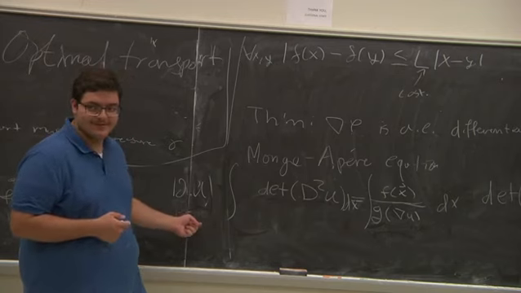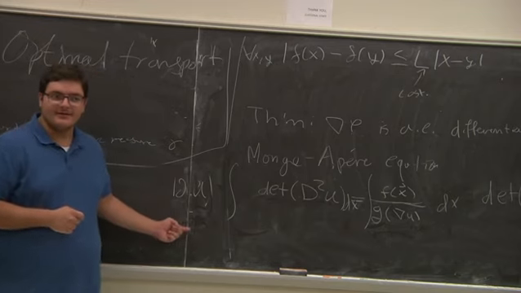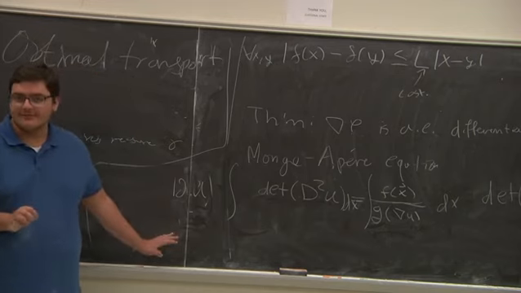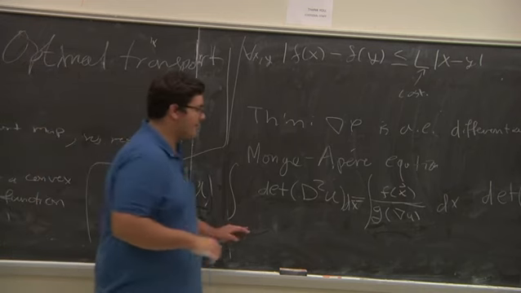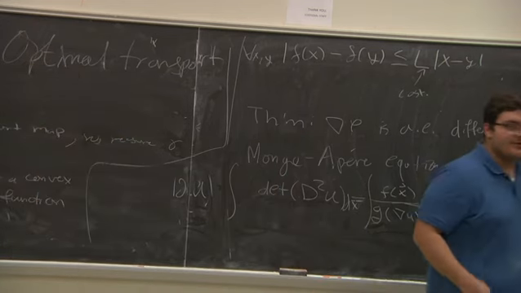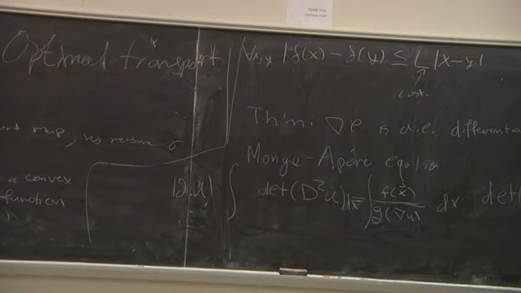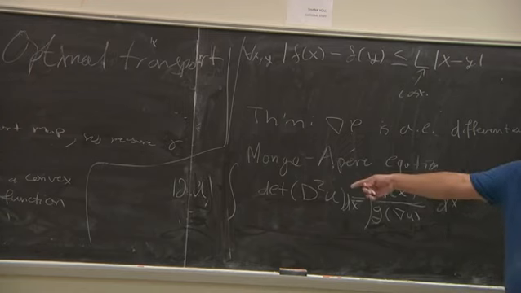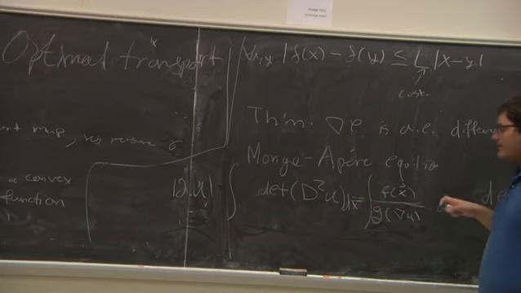Here I'm suppressing some important information about super differentiability. Anyway, these are weak solutions, but they're not differentiable enough, right? And we know that weak solutions can't be optimal transport maps because optimal transport maps have to be second differentiable.